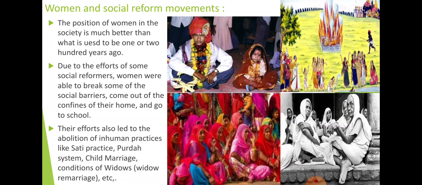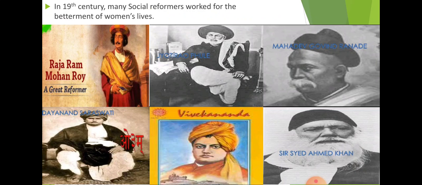Now during the 18th and 19th centuries, there were many social reformers who saw and faced several evils present in society, such as the parda system, the sati system, the condition of widows, and not educating the girl child.